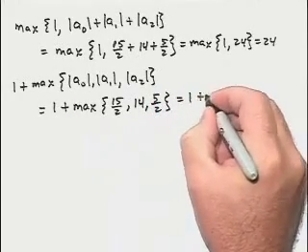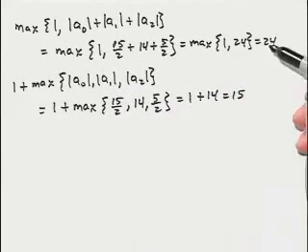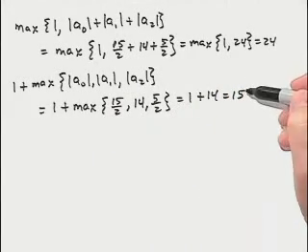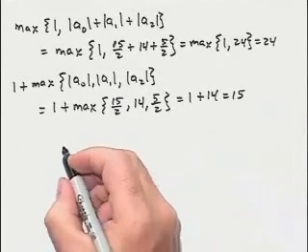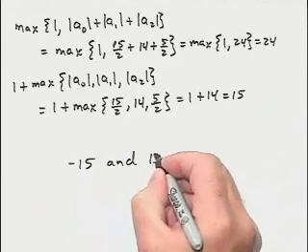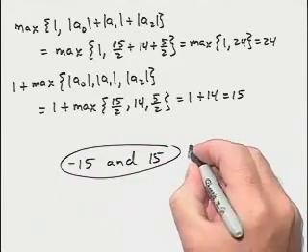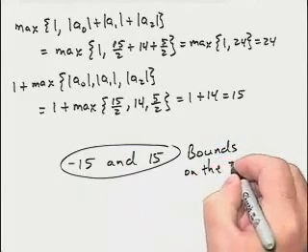So we get 1 plus 14, which is equal to 15. Now the smaller of these two numbers is 15, that gives us our bound. Every 0 of g lies between negative 15 and 15. So negative 15 and 15 are the bounds on the zeros.